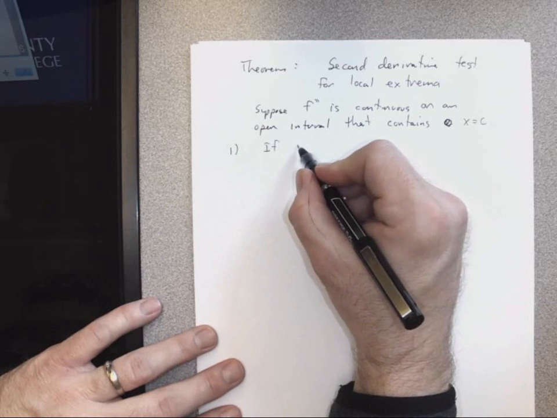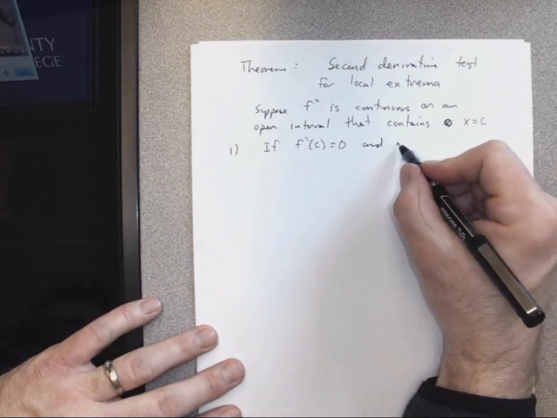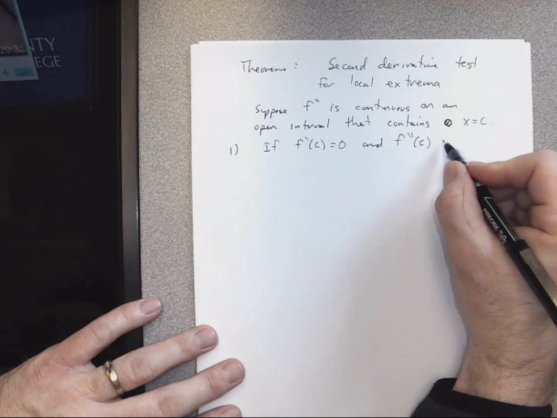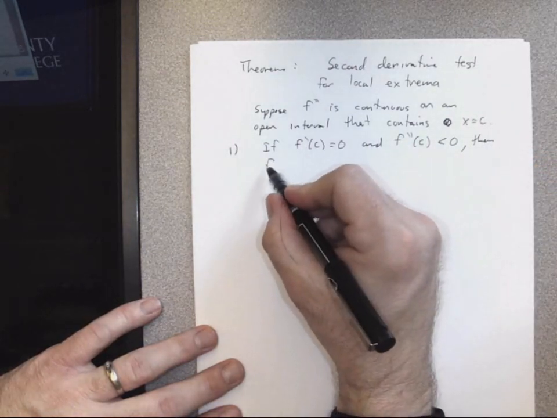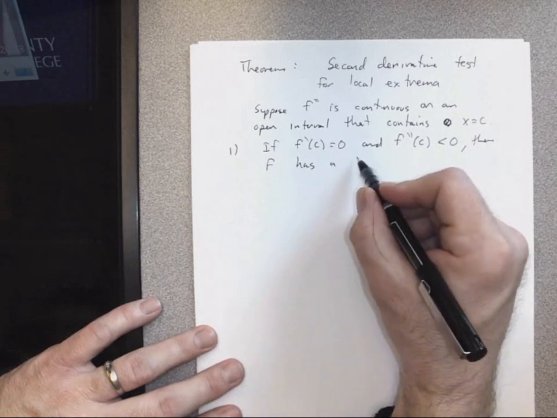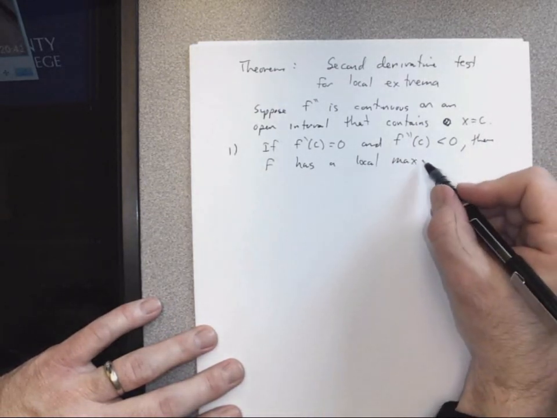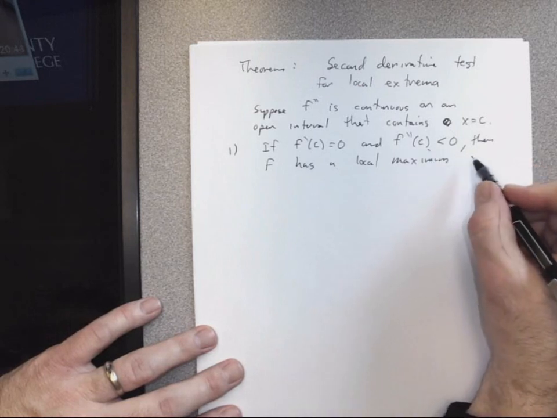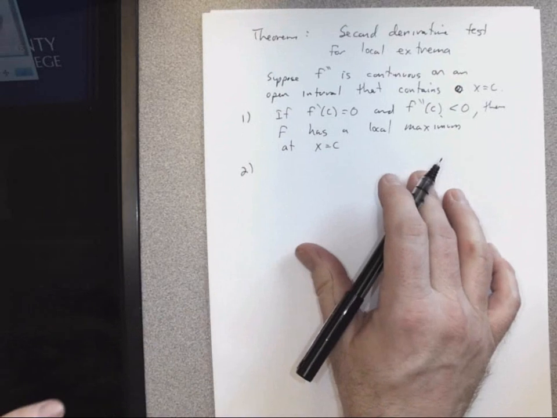If f prime of C is equal to 0 and f double prime of C is less than 0, then f has a local maximum, just like the picture I showed, at x equals C.